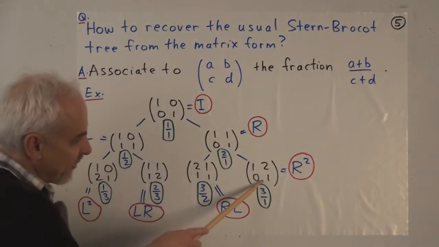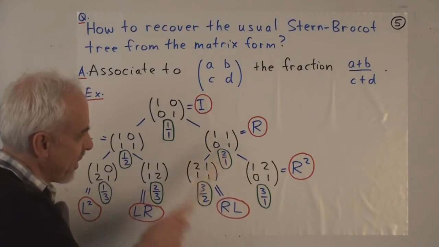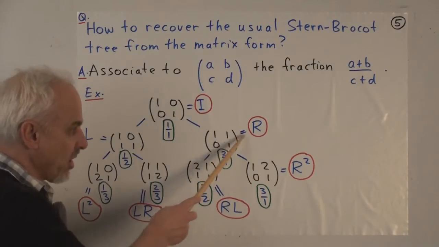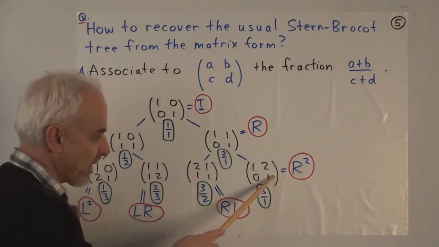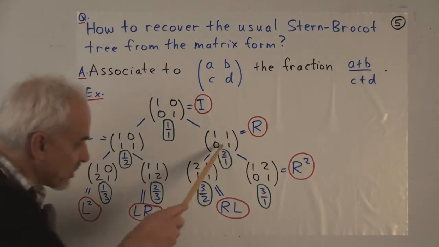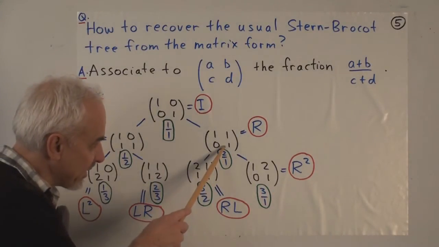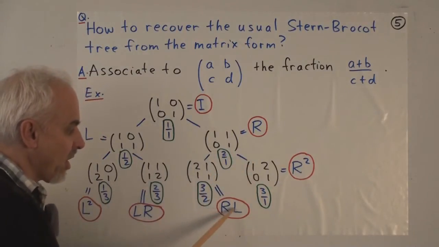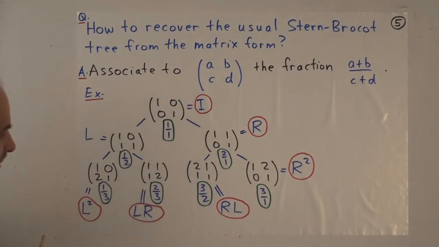For example, to get this matrix here, we start with this matrix, multiply by R, which is just R, and then multiply by R again to give what we might call R squared. If we wanted to go down here, well, we would multiply at this stage this R by L on the right to get RL. This would be L, and then this would be LR, and this would be L squared.